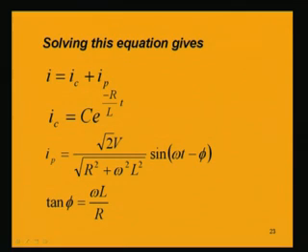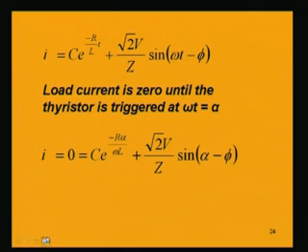This is a standard solution I am using instead of solving from first principles; I am just writing down the solution because it is a first order differential equation. Phi is the phase angle, given by tan phi equal to omega L by R. Now, we need to find the constant C from the initial condition.